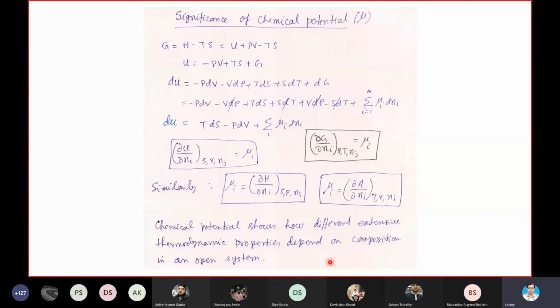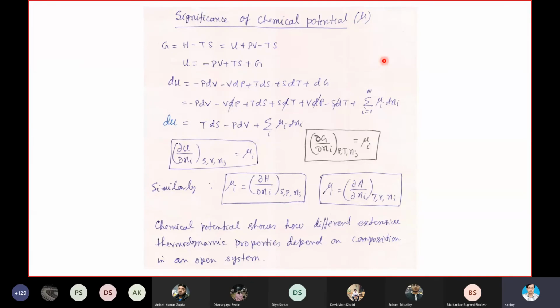It basically gives you how any extensive property changes with composition. Suppose you change the composition and measure how internal energy changes, then you can also find the chemical potential. Or if you measure how enthalpy changes with composition, that can also be associated with chemical potential, and so on. So it can be written in different ways. That is what we know about chemical potential.